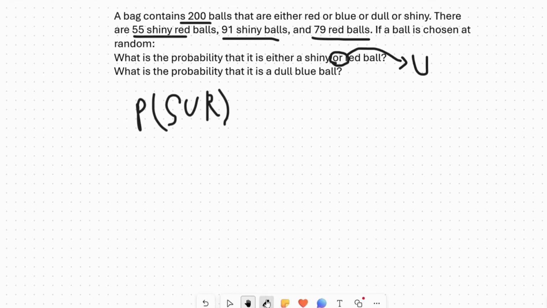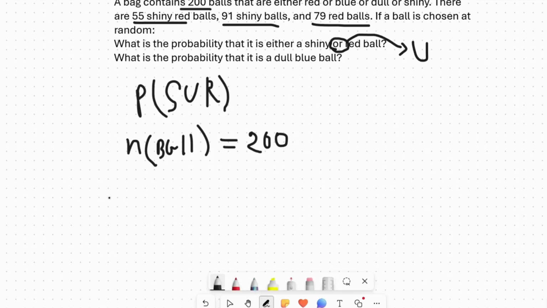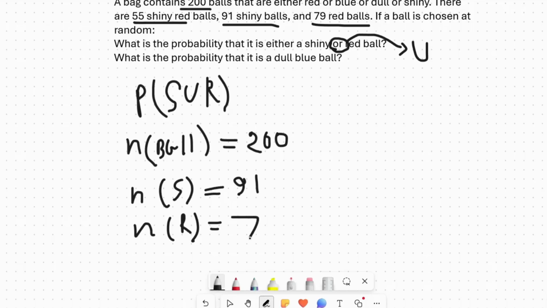First we write all the given values. The total number of balls is 200, number of shiny balls is 91, number of red balls is 79. So if we find the probability of shiny ball, we already talked about the formula in the previous lecture.